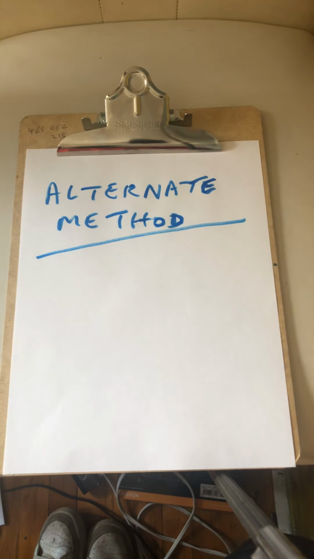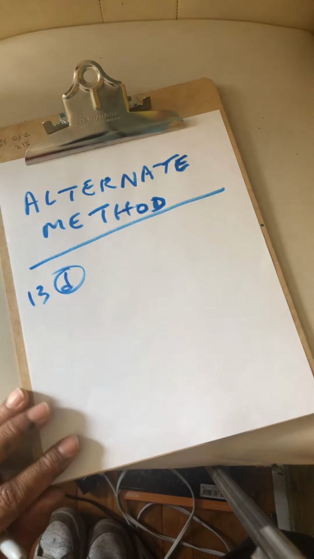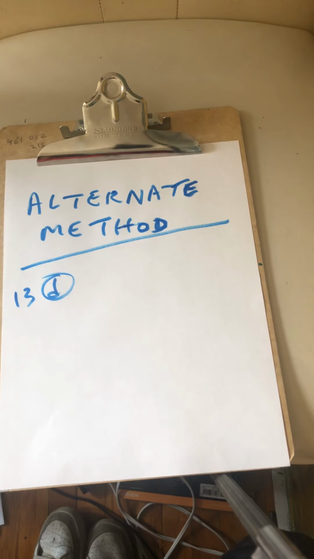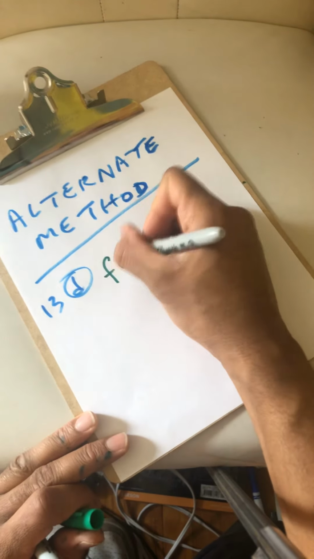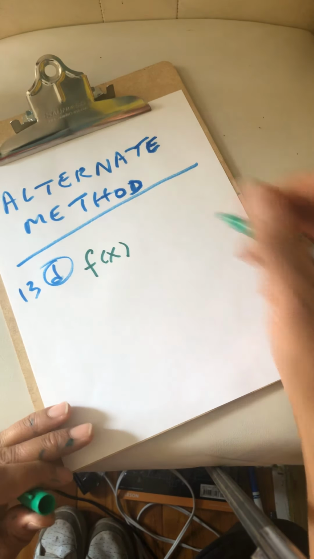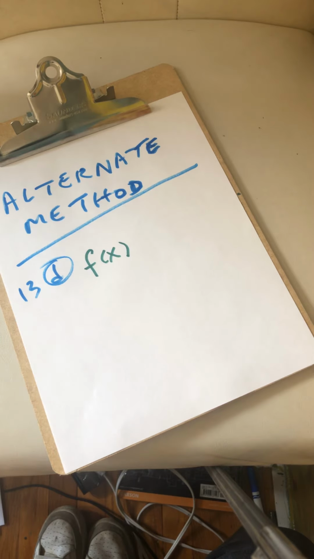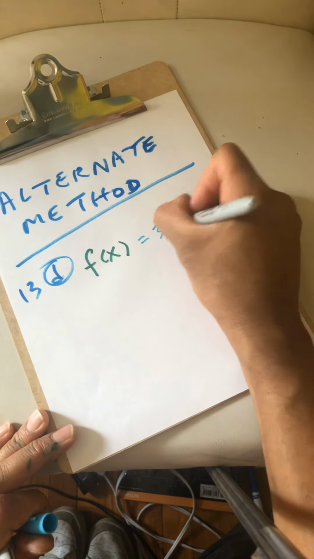What we're going to do now is look at the alternate method, 13D. This whole process of finding inverses can be done by noting that f of x can be written as y. Think of f of x as y. So f of x is equal to 3x plus 11 over x plus 5.